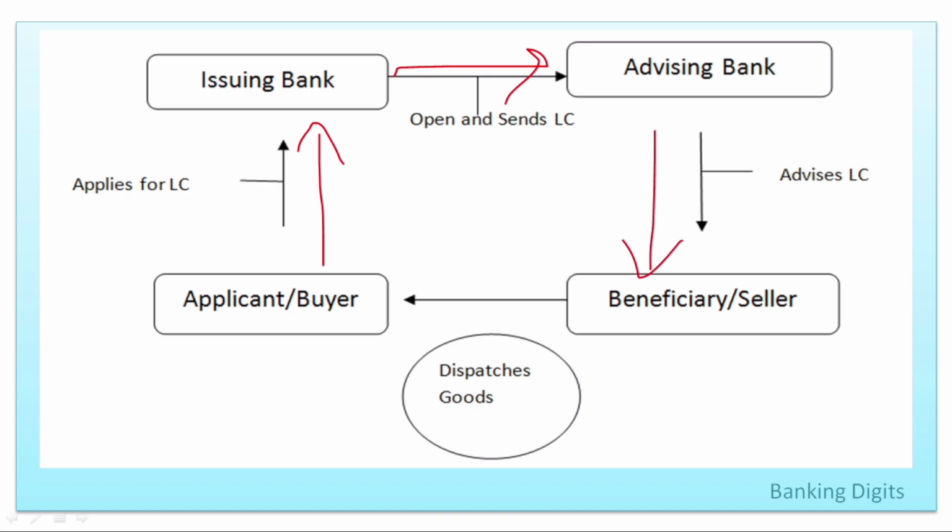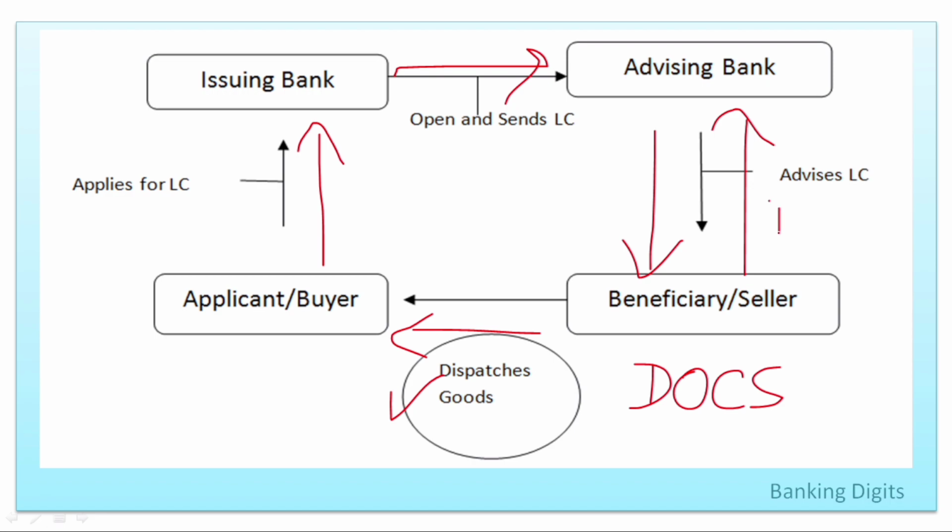Now, after getting the LC, what does the beneficiary do? The beneficiary prepares the documents as per the terms and conditions of the LC and dispatches the goods to the applicant. Simultaneously, the beneficiary presents the documents to the nominated bank or advising bank which is mentioned in the LC.